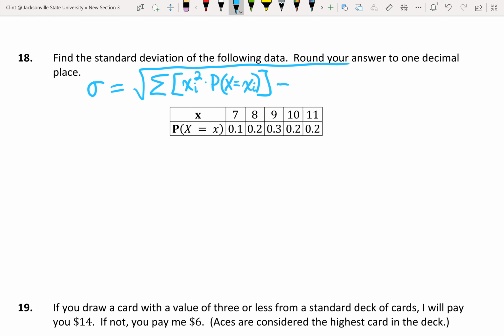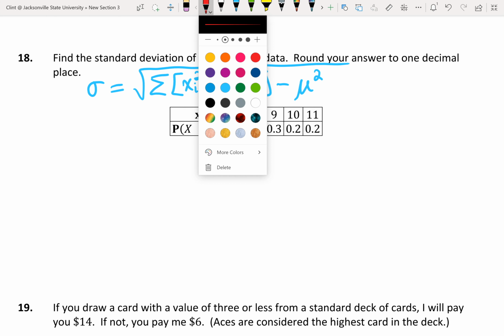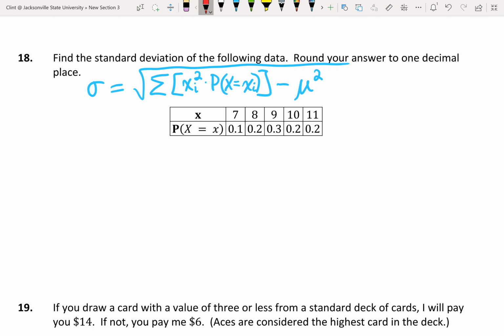And then we're going to subtract the mean squared. That's also known as the expected value. And then take the square root. Okay? So this mean squared is the same thing as the expected value squared.